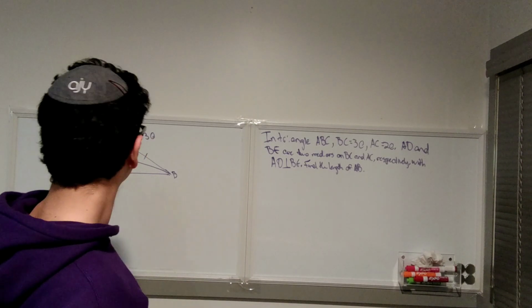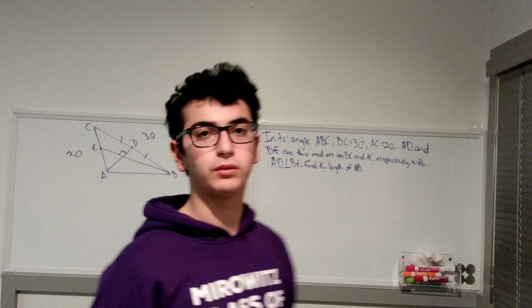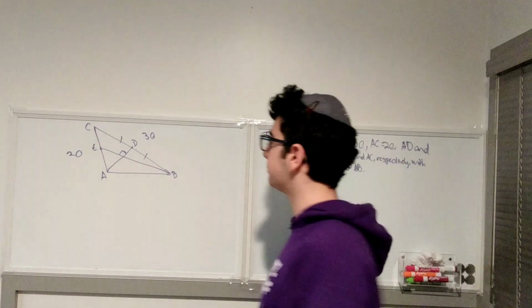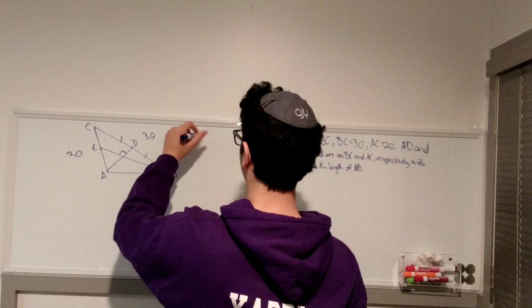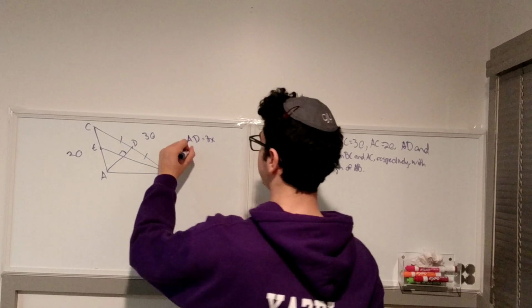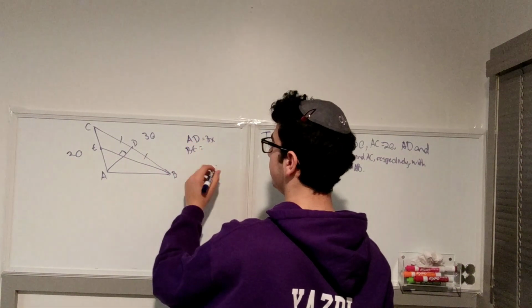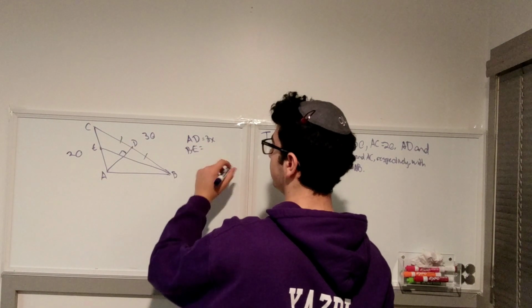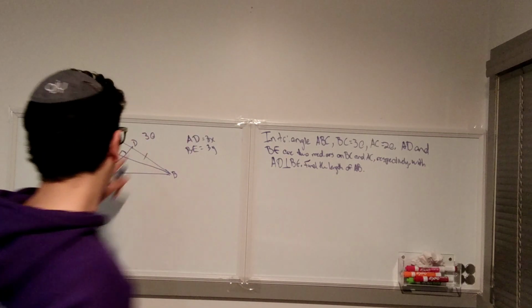Now, it's important to note that these form right triangles. So in this problem, we're going to be able to use the Pythagorean Theorem. Let's say AD is 3x and BE is 3y.